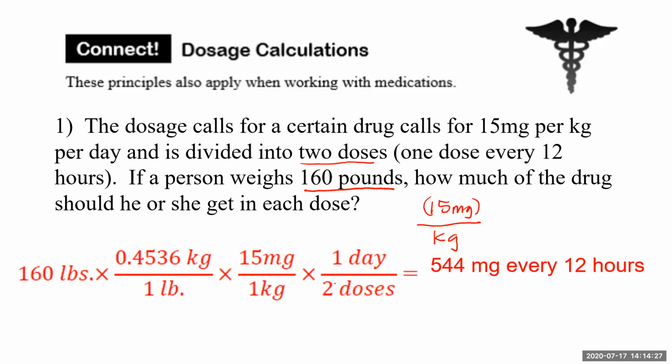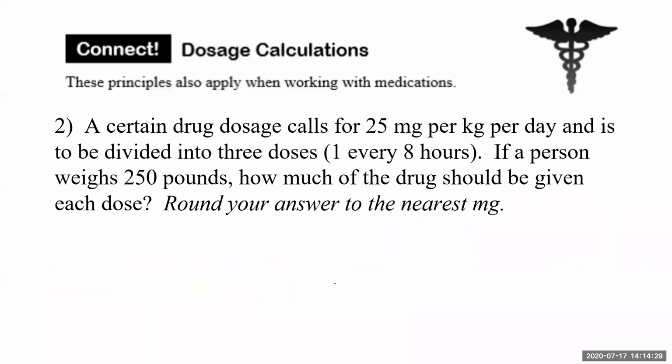Okay, nice. Now, let's look at another one. Number 2: a certain drug dosage calls for 25 milligrams for every 1 kilogram. So for every 1 kilogram weight of the patient, you dispense 25 milligrams.